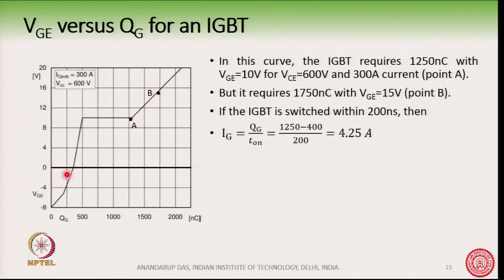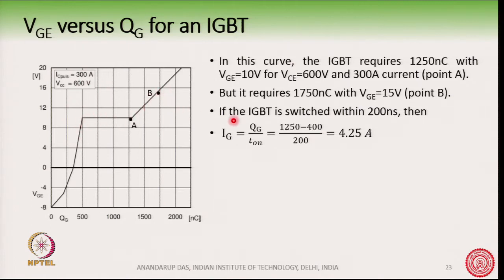In this case the device was started from -8 volt, that is, minus VEE was -8 volt. In our case we have taken -5 volt. Anyway, the concept is the same. This data is shown for 300 ampere and with VCC of 600 volt.